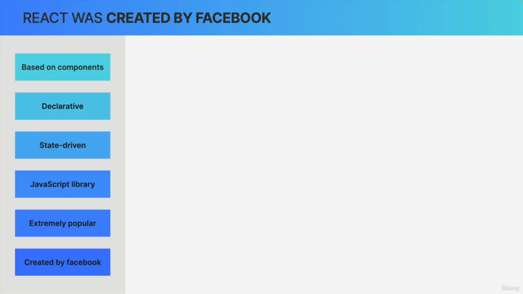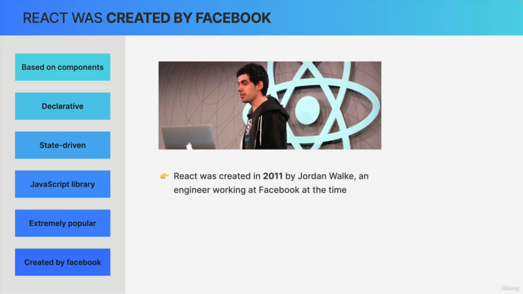And now our last topic is that React was created by Facebook. Well, more specifically, React was created in 2011 by Jordan Walke, who is an engineer who was working at Facebook at the time. So that's why we say that React is backed by Facebook, or now by Meta. So there, React was first used on the newsfeed and also the chat app, and from there it spread out to the entire Facebook and also the Instagram applications.